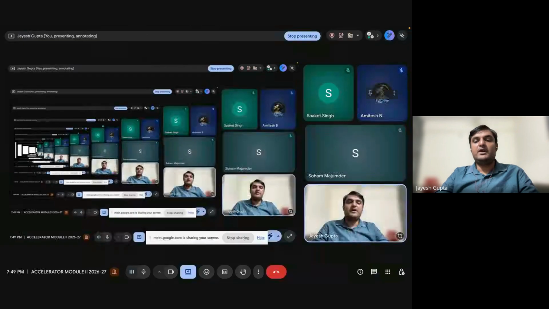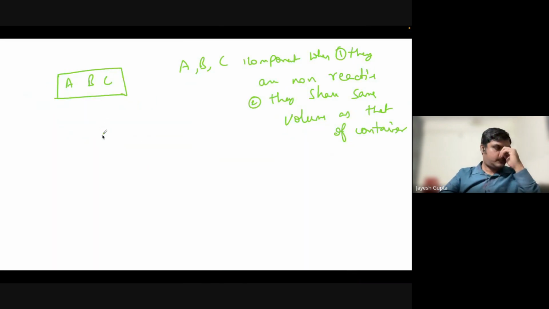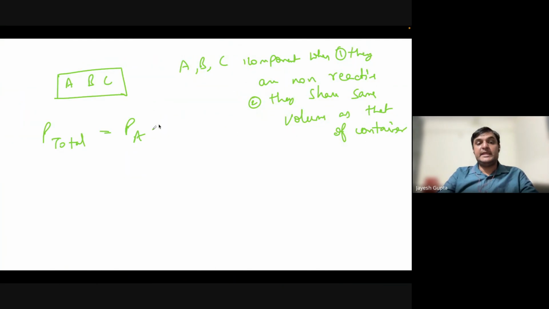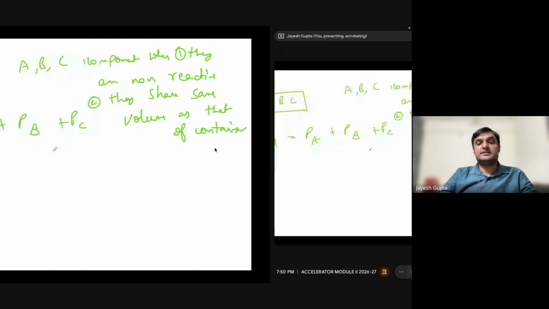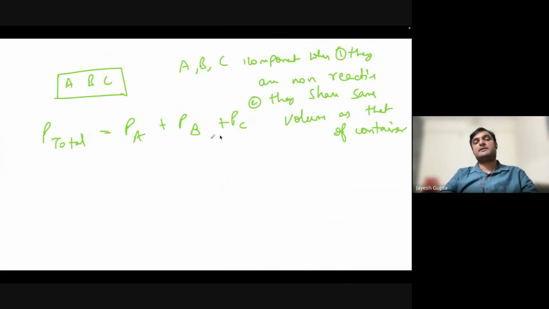So if I want to write P total, the total pressure of all the gases, that will be equal to PA plus PB plus PC. Partial pressure of A plus partial pressure of B plus partial pressure of C. Partial pressure is the pressure of individual gases.